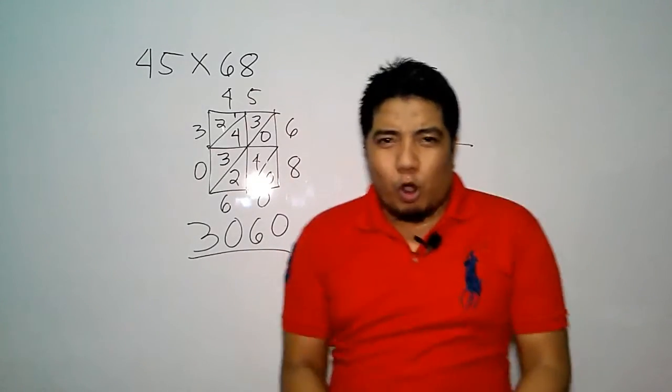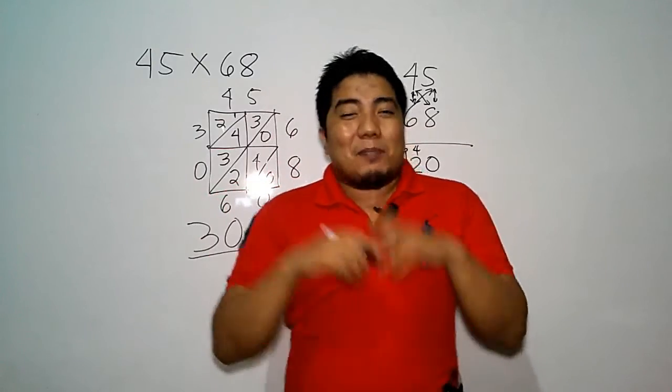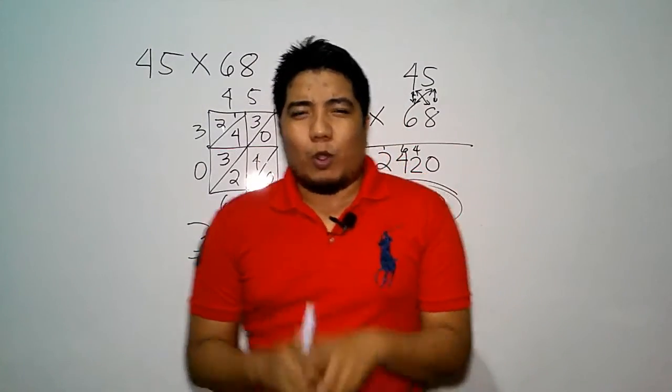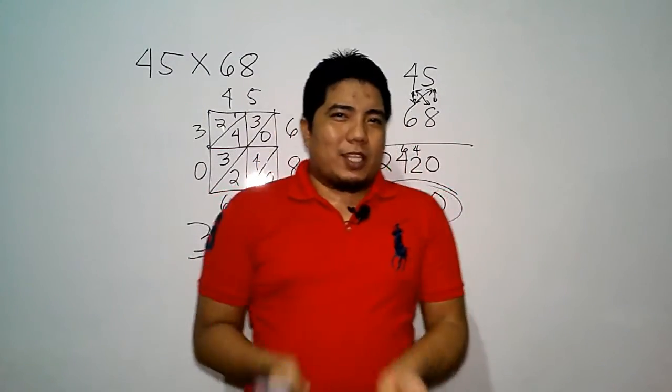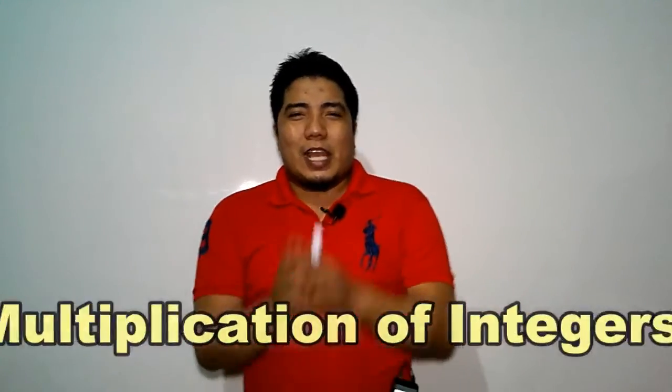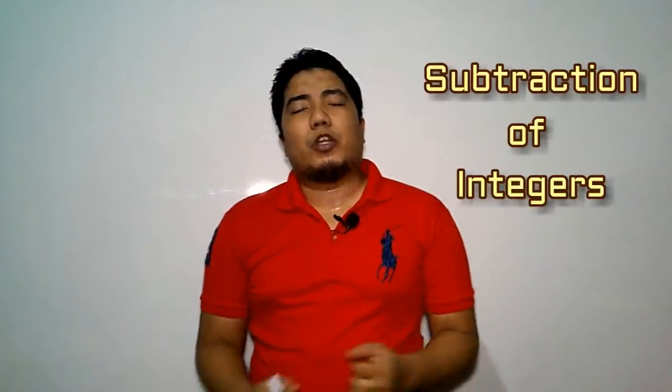Okay. So I hope you get our freebie for our discussion in multiplying numbers. So now, let us go to our main topic, which is the multiplication of integers. Okay, math learners, how do we multiply integers? Now, we have already discussed the first and the second operations in integers, that is the addition and subtraction.